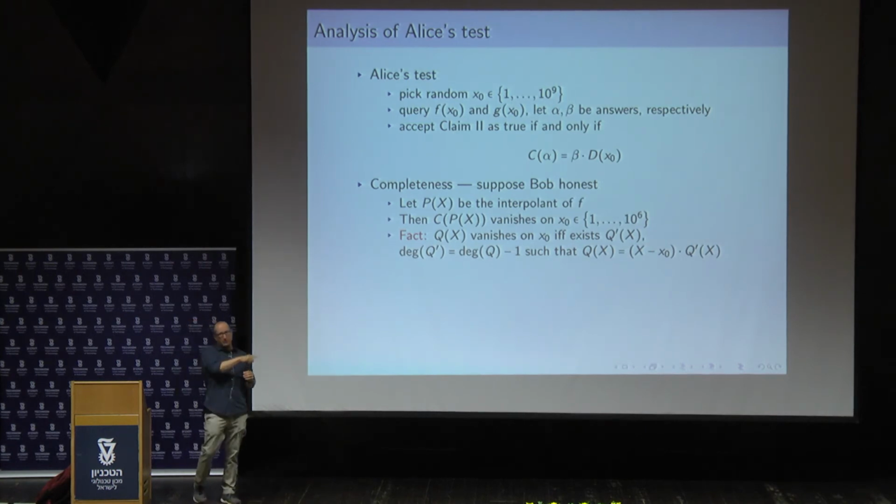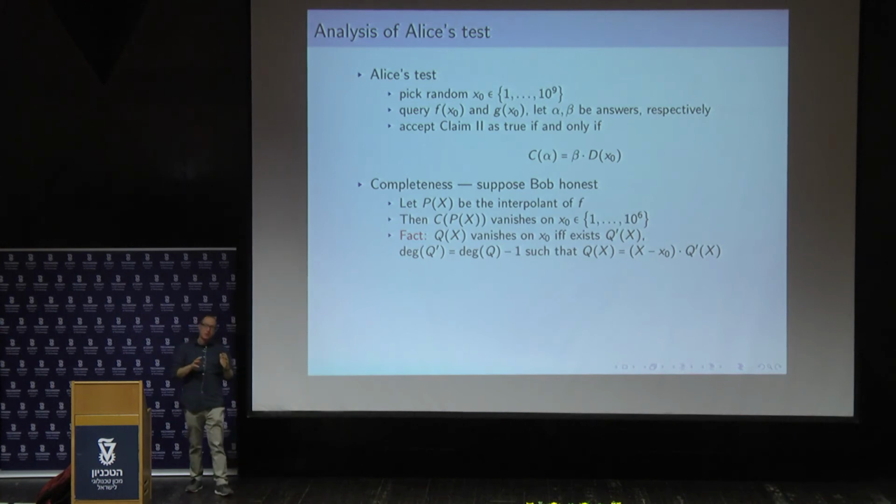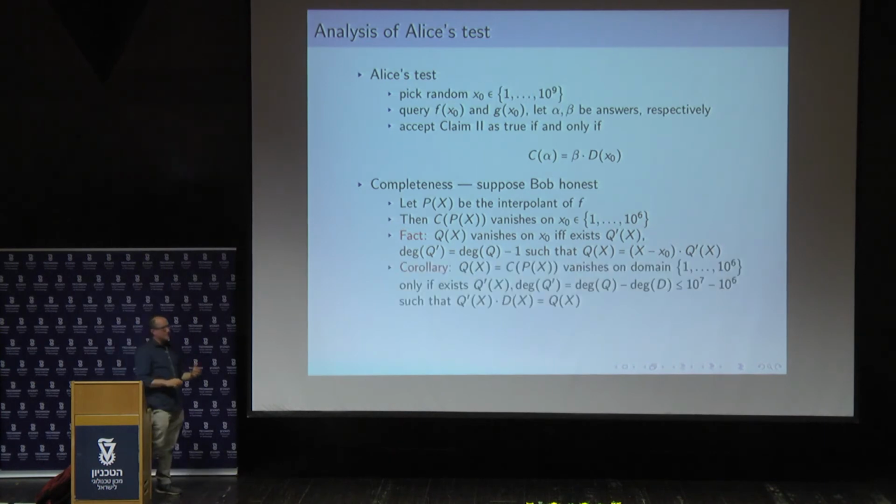So a polynomial vanishes at 0 if and only if you can write it as x times some other polynomial. So like a parabola would also vanish at 0 if and only if you can take x outside. And similarly, a polynomial vanishes at the point 1 if and only if you can write it as x minus 1 times a polynomial.